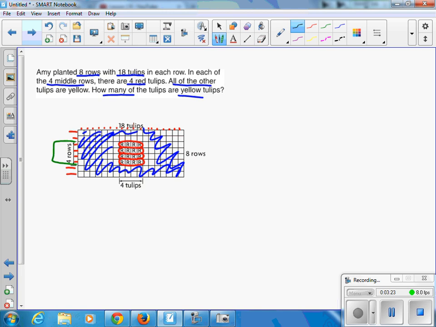Let's see, what is the total number of tulips? We'll have to multiply how many rows we have, which is 8, and how many tulips we have per row, which is 18. So 18 times 8: 8 times 8 is 64, here the 6. 8 times 1 is 8, plus 6 is 14.